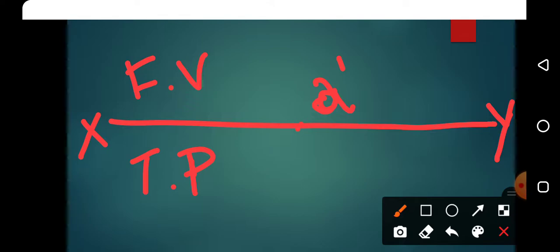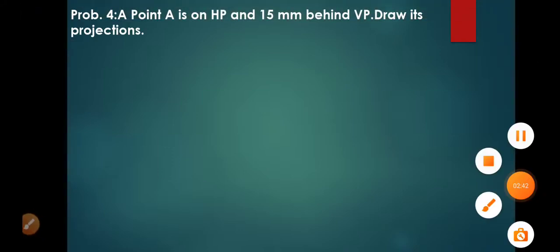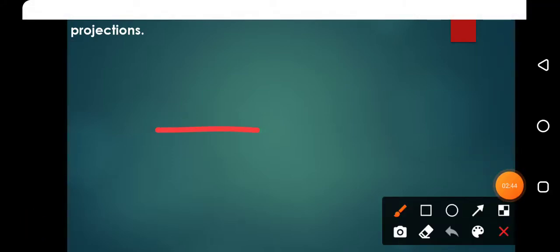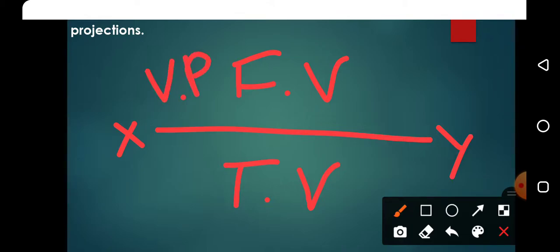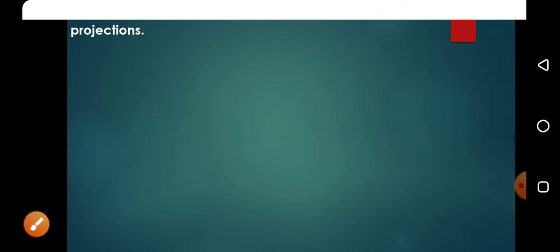Before going to this one, I want to clear the concept here. See here, first quadrant, what will happen? The front view is above the XY line and the top view is below the XY line. Above the XY line is the vertical plane, and below the XY line it is the horizontal plane, right? Next, second quadrant, what happens here?